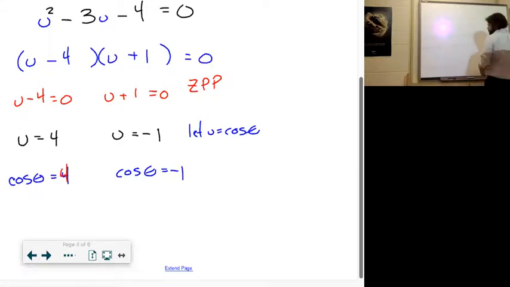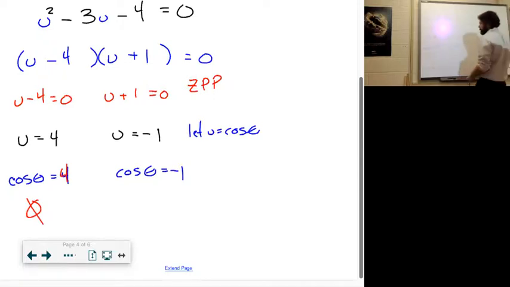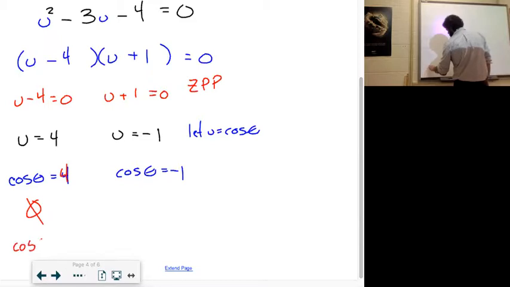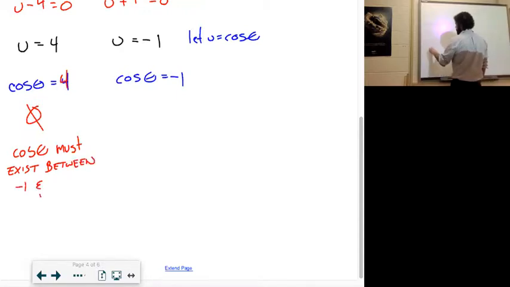So there's no solution for this equation here, and that's because 4 is larger than 1, right? So cosine theta, just as a reminder, must exist in the interval between negative 1 and 1. Since that's outside of that interval, that one goes away.